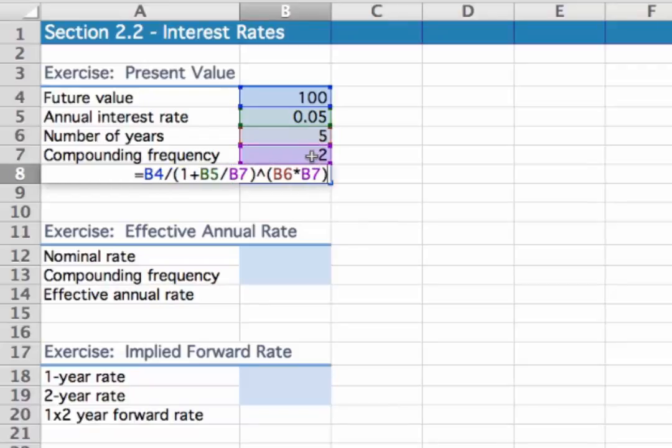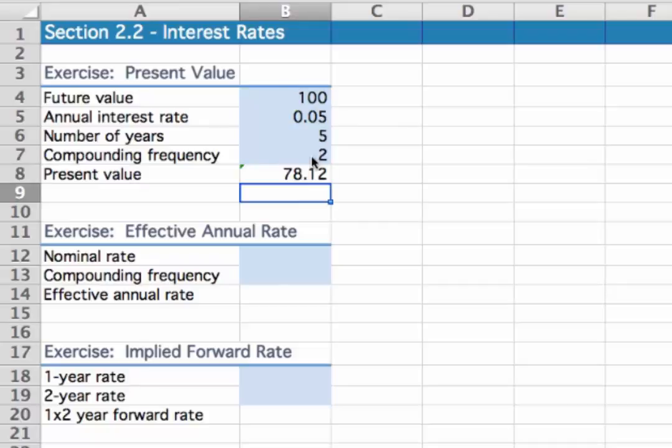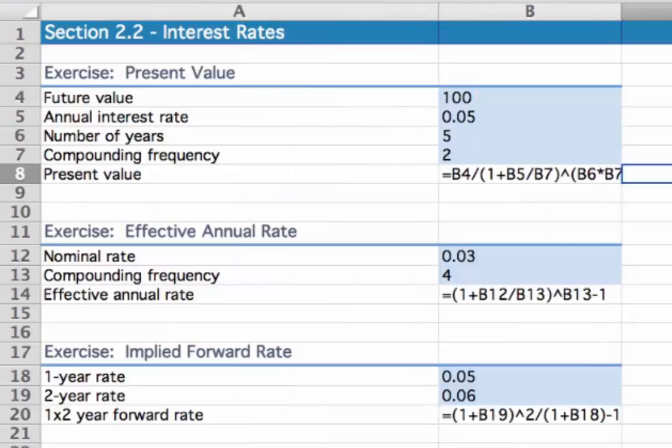Putting all that together gives a present value of 78.12. If you get confused during any of the exercises, you can always check the Solutions tab for guidance about how to work out the answer.